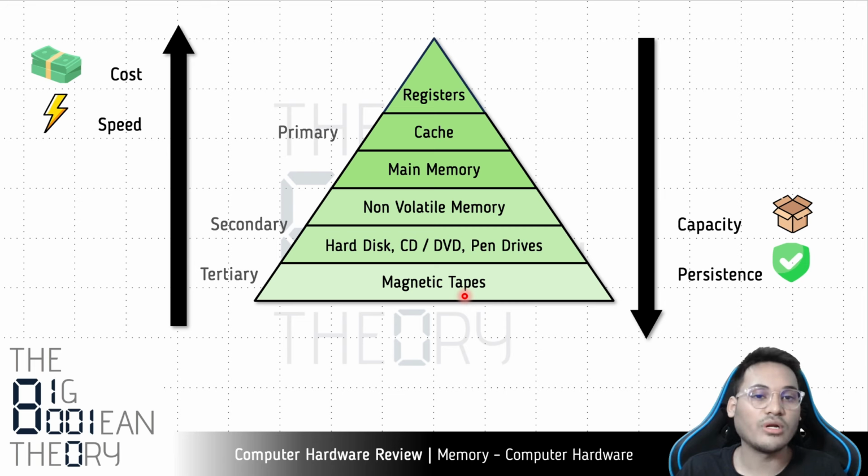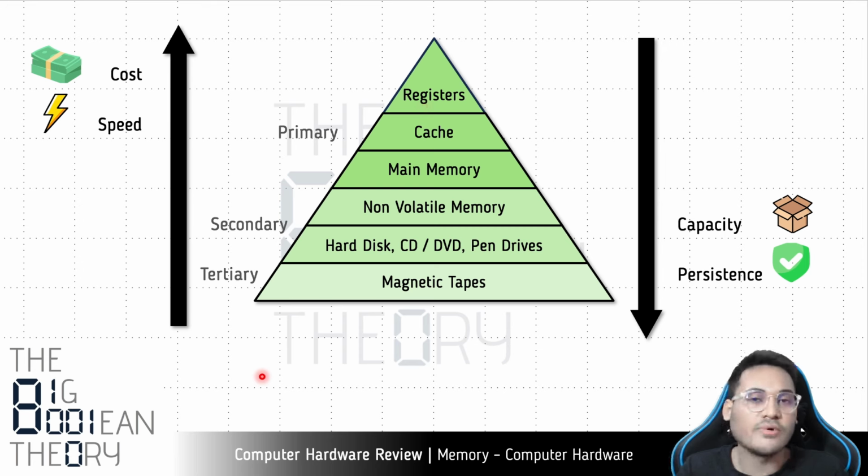Even if the power is not there, they will store the data. So the persistent memories are used to store data permanently, because otherwise our data would be completely lost if we just relied on volatile types of memory.